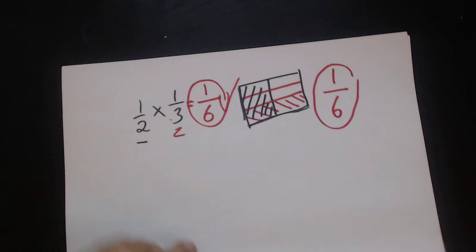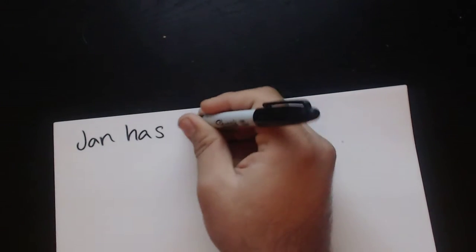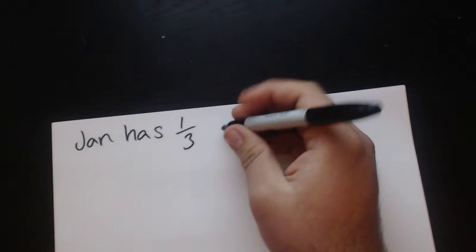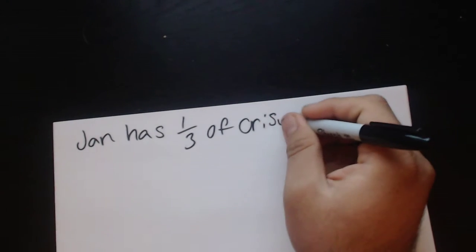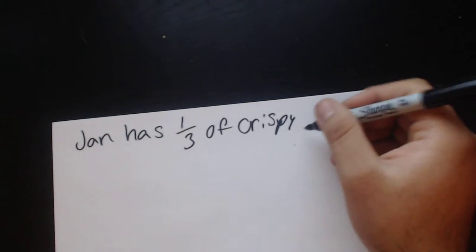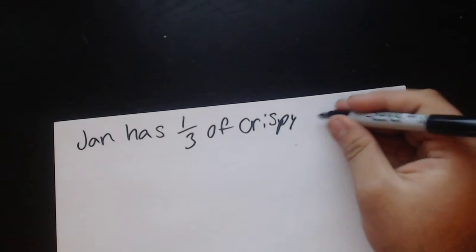Now, a problem that we went over today would be: Jan has 1/3 of a pan of crispy rice treats.